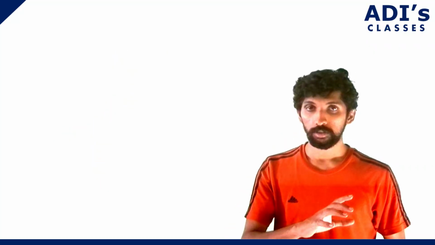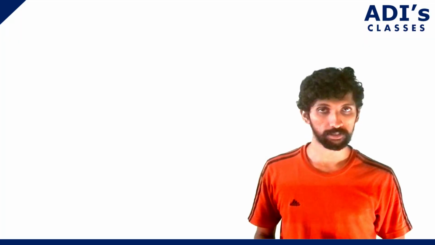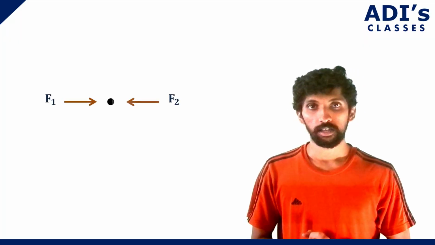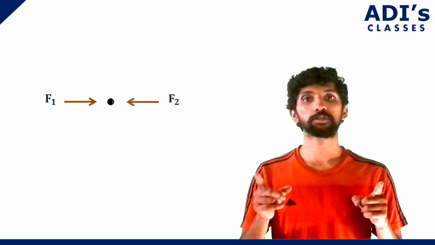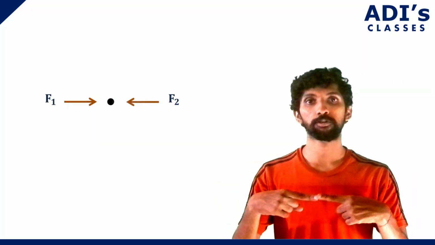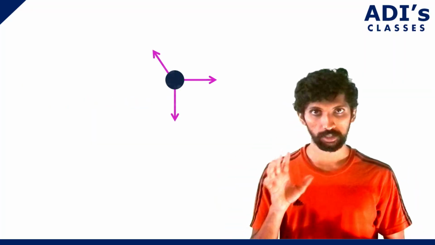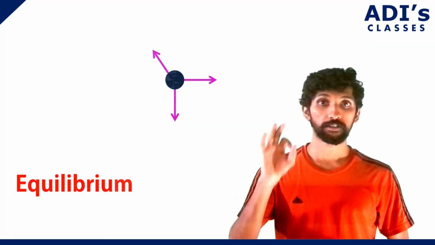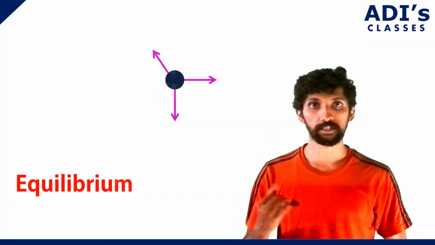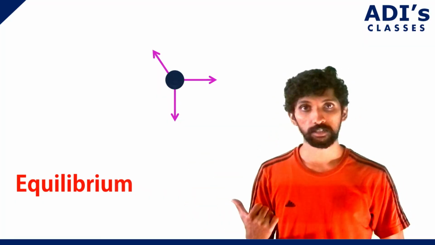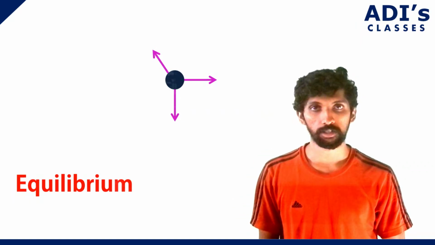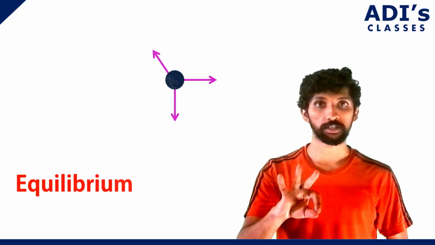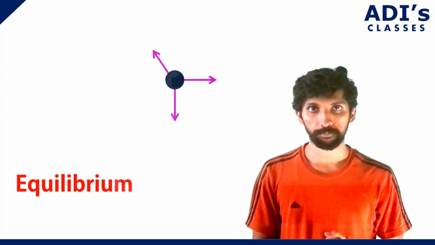Now a simple question for you, a simple assignment. For the first example we took, two forces were acting on the body, F1 and F2 in opposite directions, and the body was at equilibrium. If three forces act on a body, F1, F2, F3, or the pendulum example I gave just now, still the body is at equilibrium.